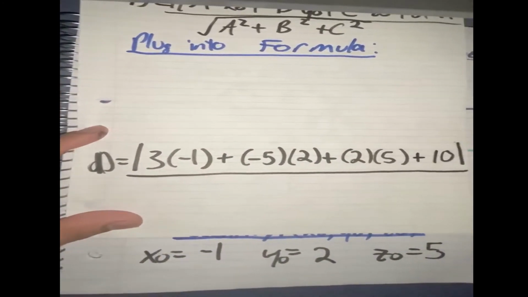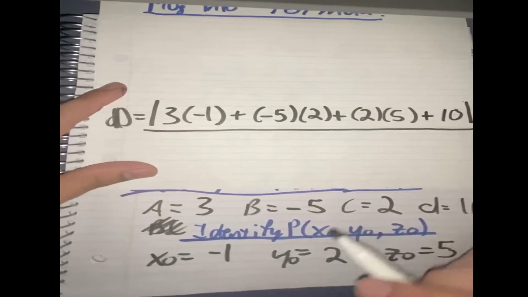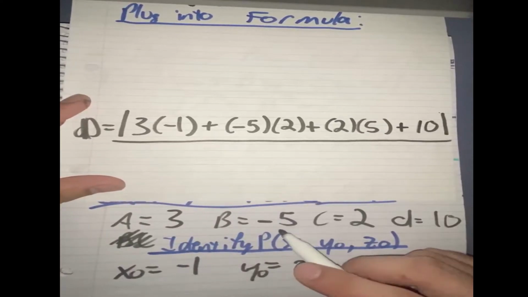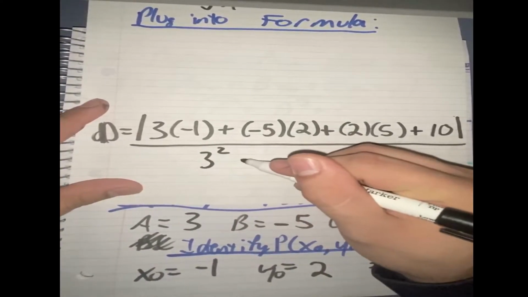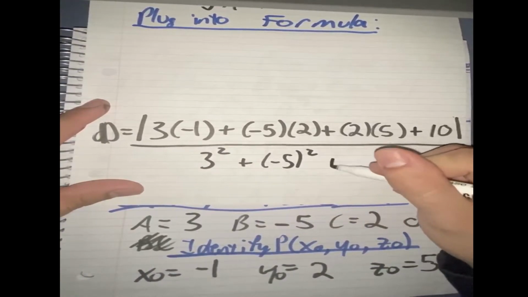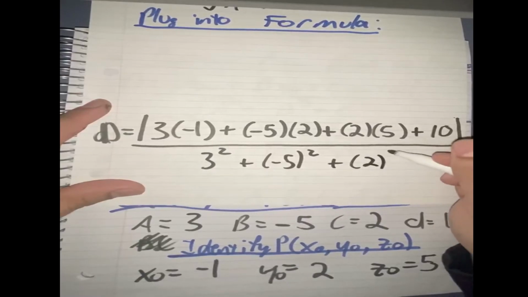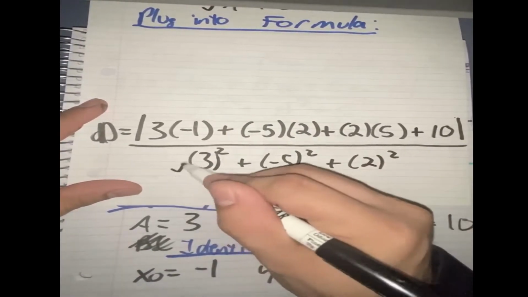And then we divide by the square root of A squared plus B squared plus C squared. So our A is 3, our B is minus 5, and our C is 2. So 3 squared plus minus 5 squared plus 2 squared. I'll put parentheses around this one as well. Then we take the square root of this.